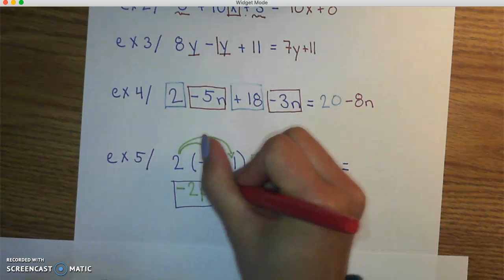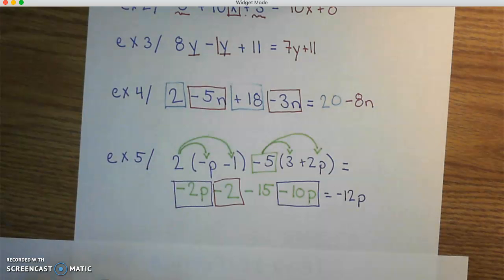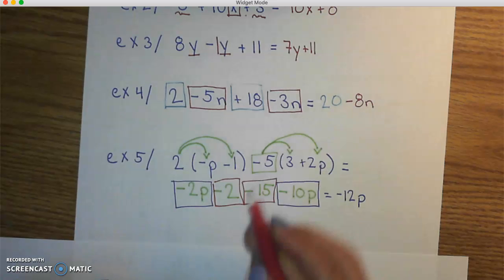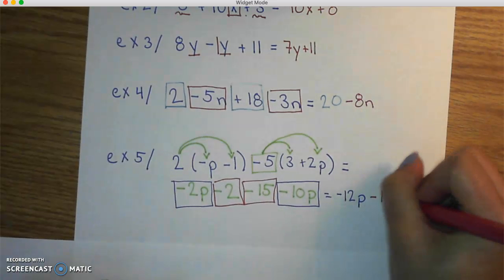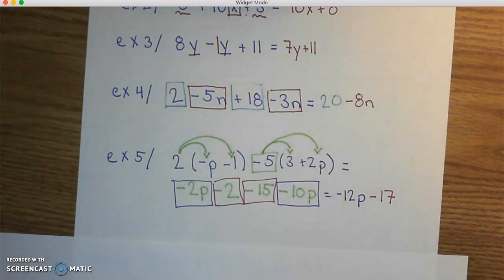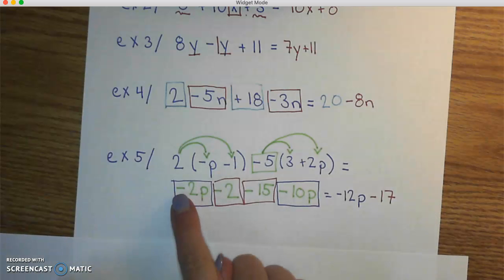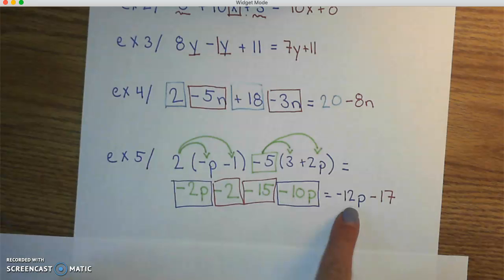I have negative 2 minus 15. Negative 2 more negative by 15 is negative 17. I know the negatives confuse people. So I'm trying to remember when I'm negative 2 minus 10 is negative 12. It's like the sum when they're both negative.